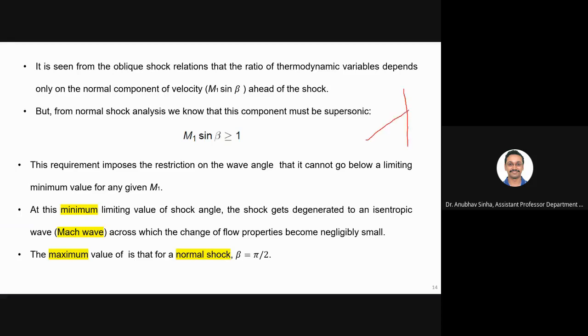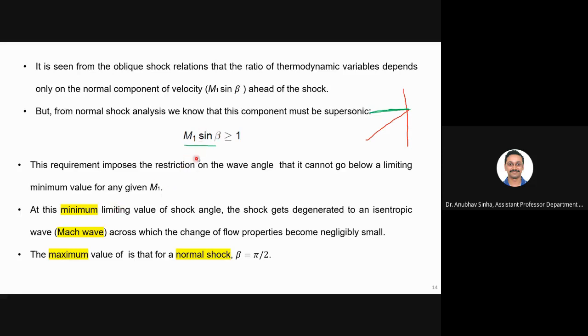The flow is like this, but we generally take the normal component, M1 sine beta, and then we use normal shock relations. So for this to be a normal shock, this has to be more than 1. Then only a shock will form in a supersonic flow. That puts some limitations on sine beta. M1 could be more than 1, but sine beta is less than or equal to 1.